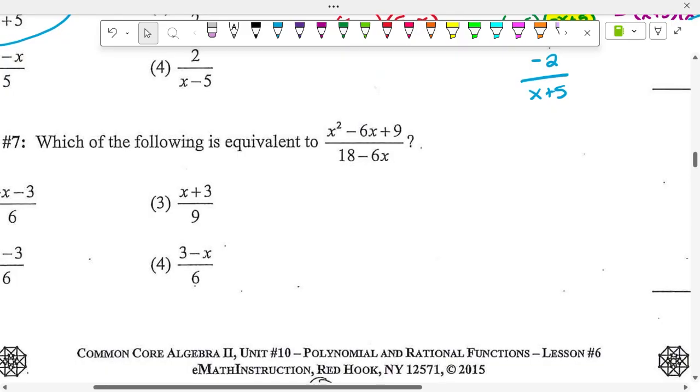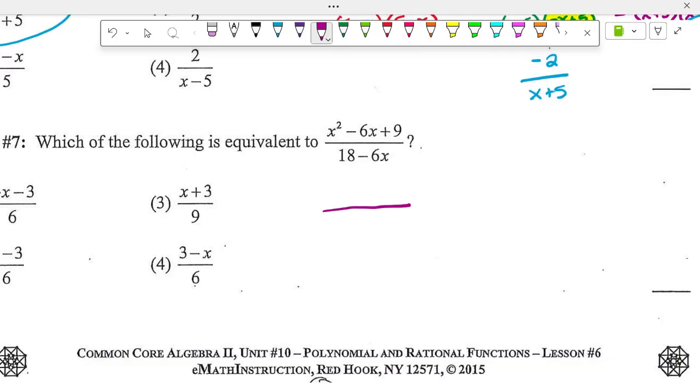Okay, last one. We'll do this one together. Let's factor the denominator first. What can I factor out of the denominator? But before we even do that, let's rewrite the denominator so that the x's are in the front. So I'm going to rewrite this as negative 6x plus 18, because this makes your factoring easier. What did I tell you to do if your first term is a negative?